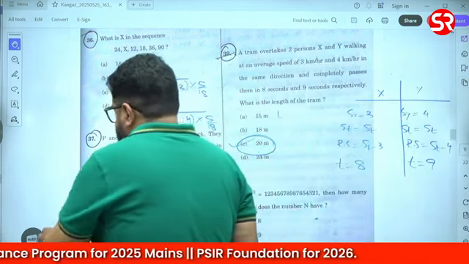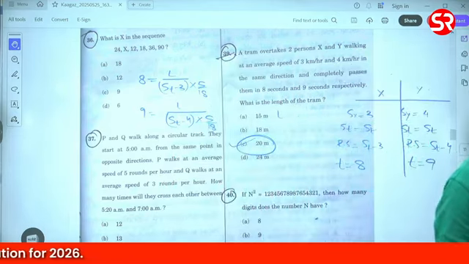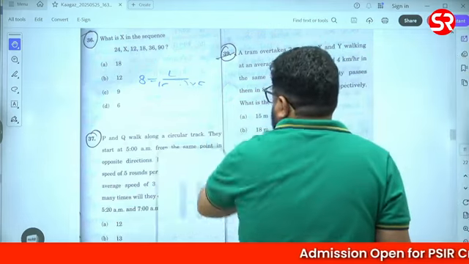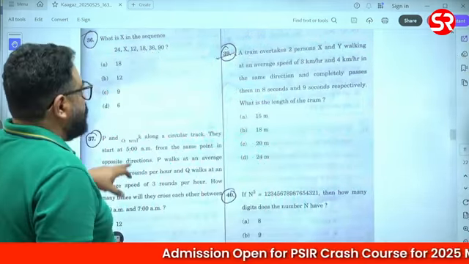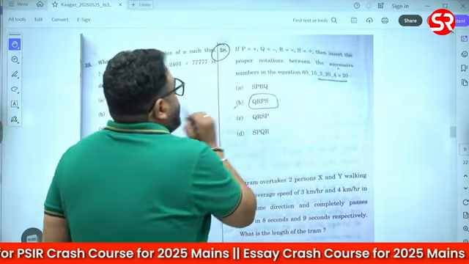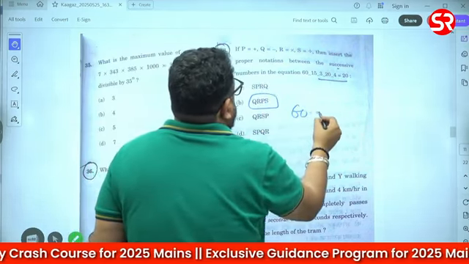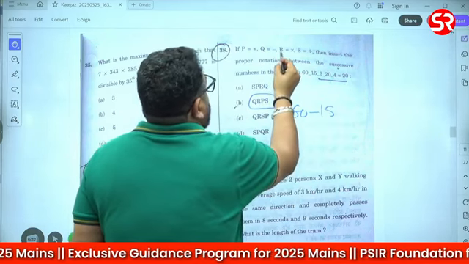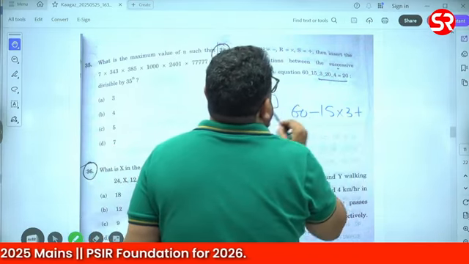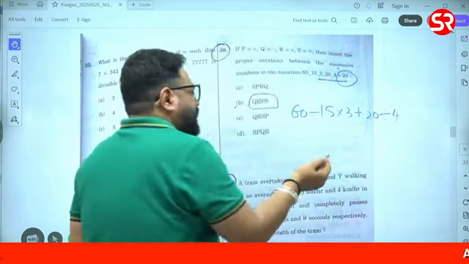Let's go to the next. See, we have to solve it. I think we have done it in the classroom. This is going by QRPS. Look, 60 times Q is minus 15, and R is multiplication 83, and P is positive plus 20, divided by 4 would give you 20 as the answer.